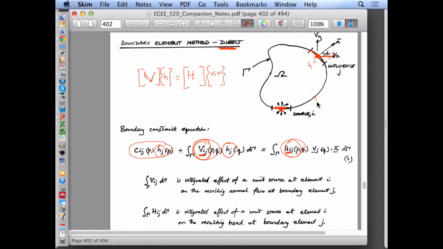And so if you have a total of n nodes, this will be n by n in size, and this will be n by 1. This is n by 1. So this is just a vector of the heads that would be present at all the nodes around the boundary. And this would also be n by n and n by 1.